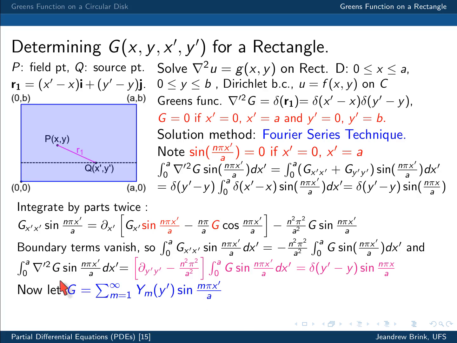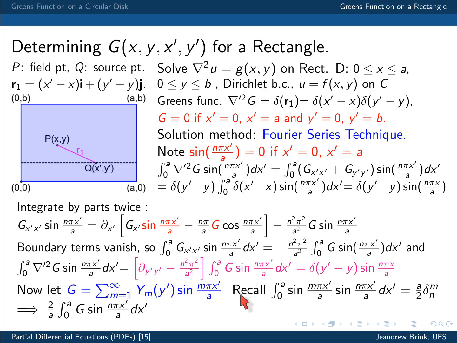So let's now let g equal that, and what I'm going to do next is basically use this identity that sine of n pi x prime over a times sine of m pi x prime over a is orthogonal, or the sines basically make a series of orthogonal basis functions.